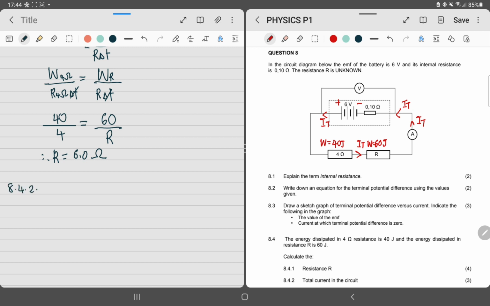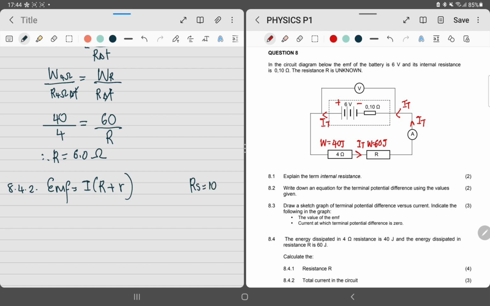8.4.2. They want the total current in the circuit. EMF is equal to I times R plus r. The 4 ohm and then R are connected in series, so I'm going to add the two to get R series.